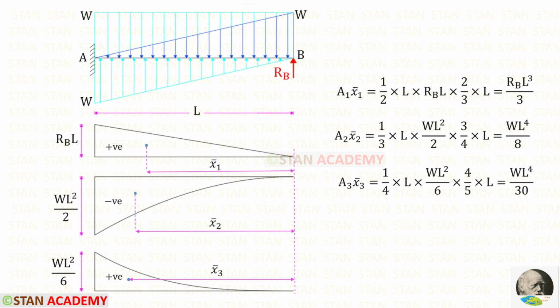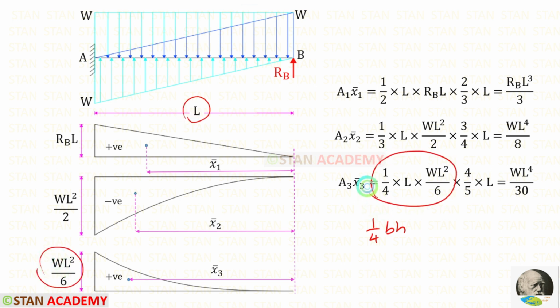Now let us find area 3 x3 bar. It is a third degree parabola. The area formula for the third degree parabola is 1 upon 4 into BH. Here the breadth is L and the height is WL square upon 6.